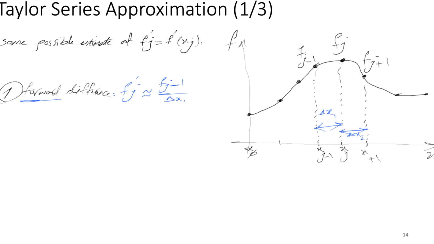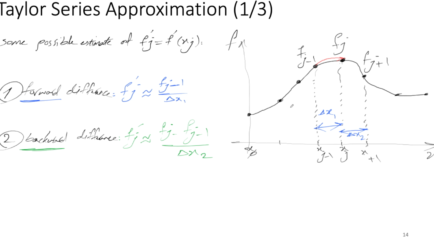So here the distance was delta x1. In order to approximate that, and this is an approximation, you need to have the value of fj1 divided by the distance between these two, right? Which was delta x1.